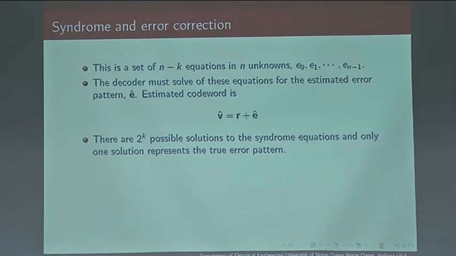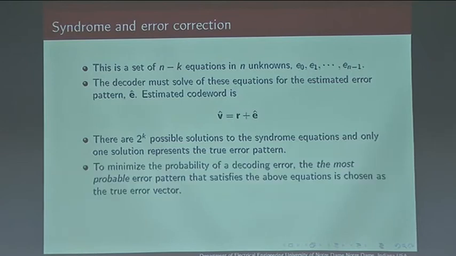But only one is the real error pattern. The others are not. Now, again, to minimize the probability of decoding error, we want to pick the most probable error pattern that satisfies the above equation.